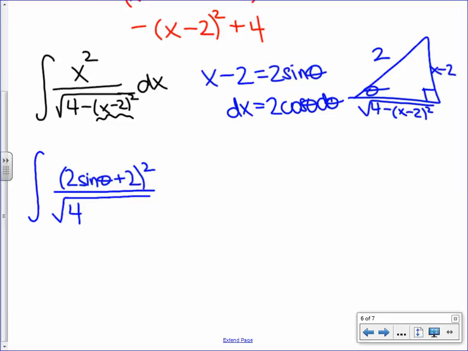We're going to replace x minus 2 squared with 2 sine theta, so this becomes 4 sine squared theta. And then we replace dx with 2 cosine theta. Oh, I wrote plus, thank you. Sometimes talking and writing at the same time, I get jumbled.